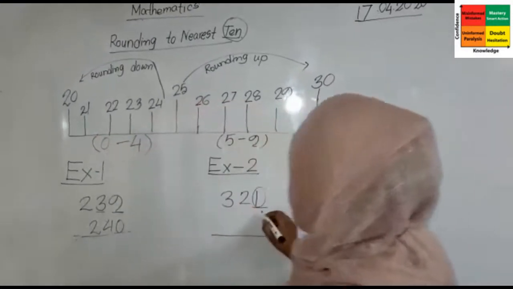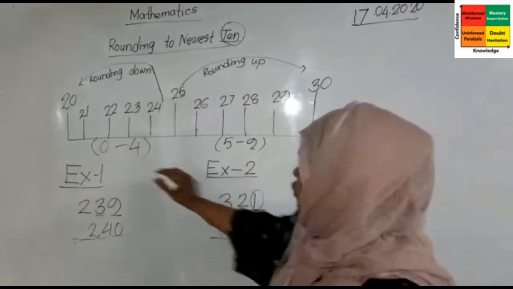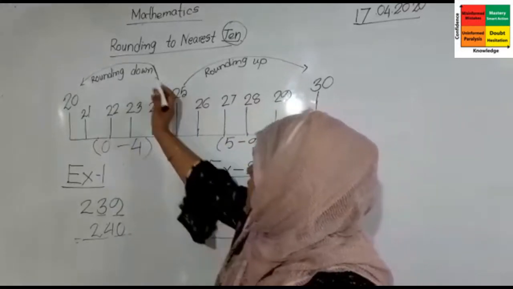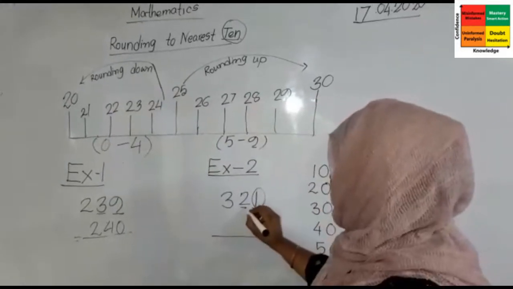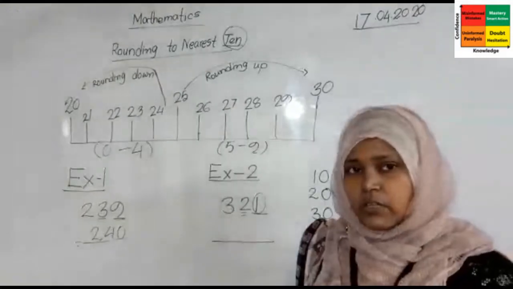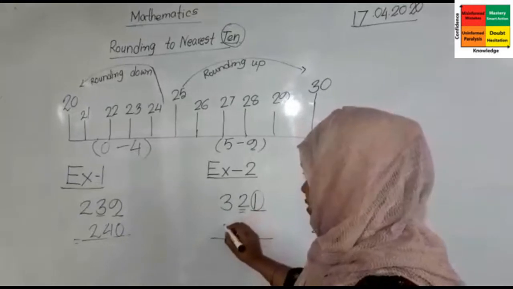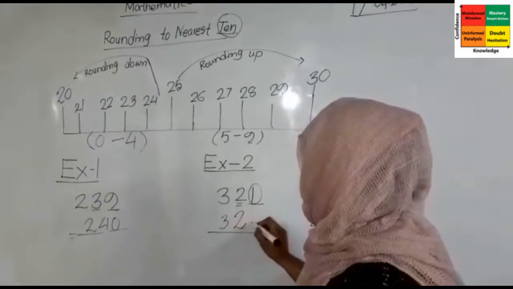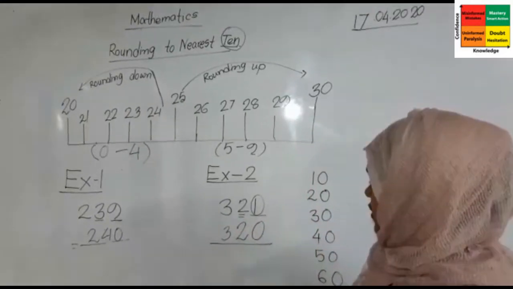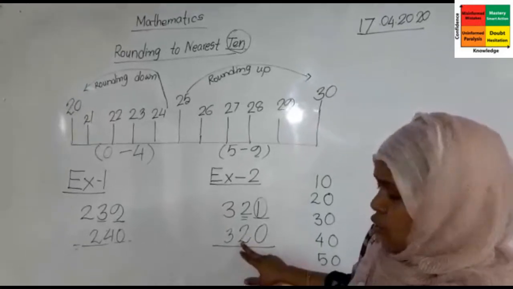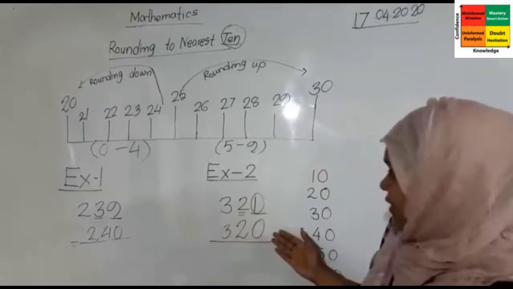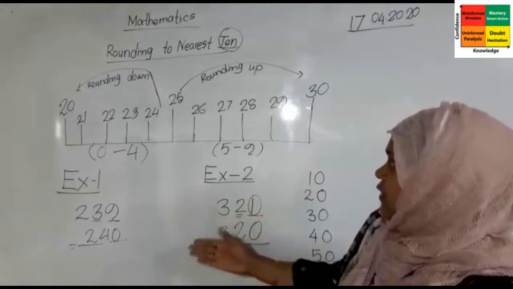So when the number is within 0 to 4, it will round down. That means the tens will not change here. This 10 will remain the same. We can do the 3-digit numbers to the nearest 10 in this way.